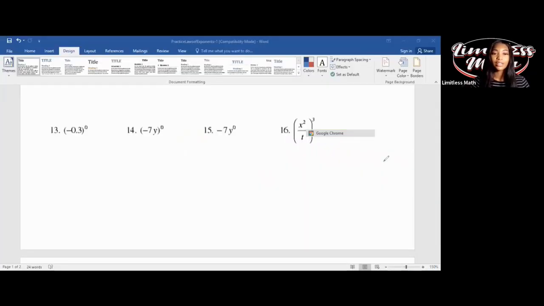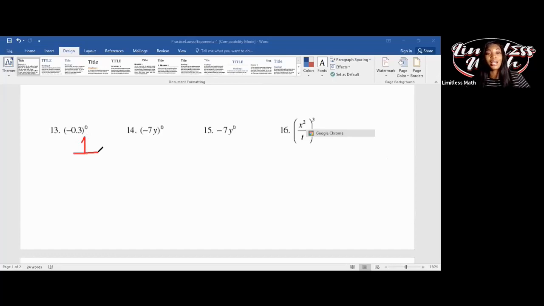So for question 13, we have negative 0.3 in parentheses, letting you know that that whole expression, negative 0.3, is all being raised to the 0 power. It might look special, but really the rule tells us this just turns into 1. There's no math for us to do.